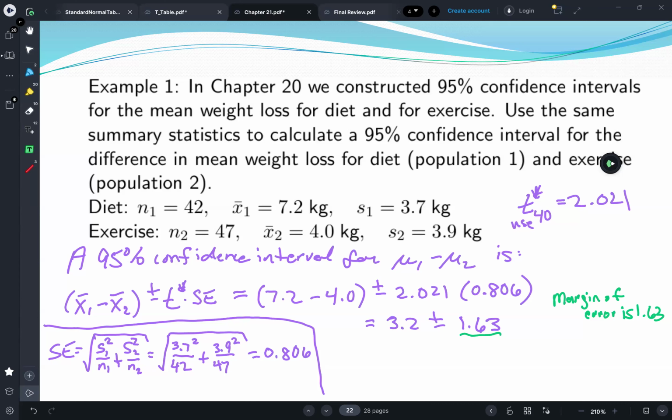We can unravel that to get a minimum and maximum as well. And we get this.